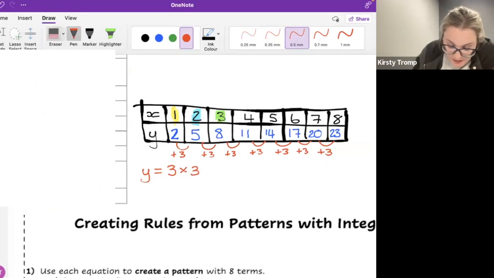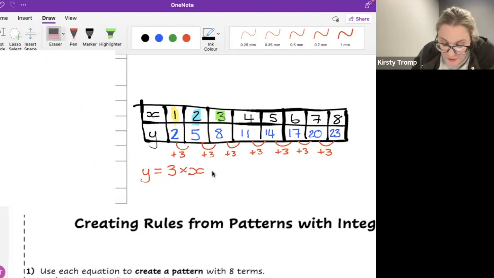Oopsie daisy, sorry guys. 3 times by x. And now I want to add something. So 3 times by x plus something is going to get me to my output.